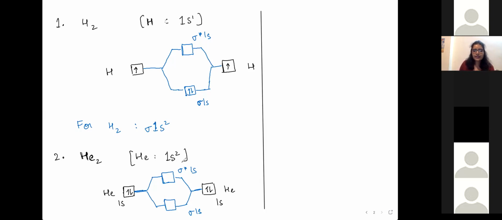The only difference is that the names have changed. So instead of 1s, 2s, 2p, you will have sigma 1s and sigma star 1s. Your bonding and anti-bonding orbitals are formed. Kaveri, now the second answer that you sent, that is absolutely right. You got it.